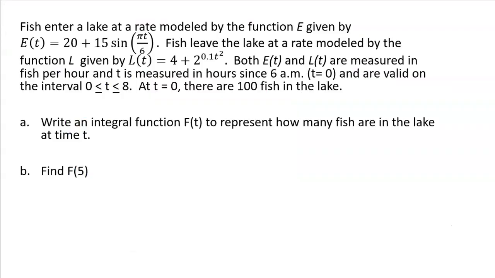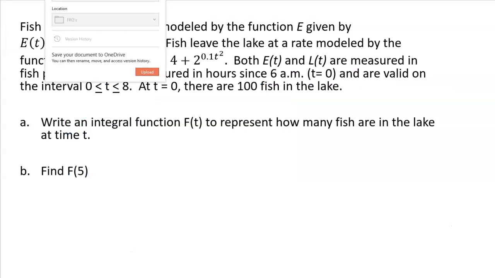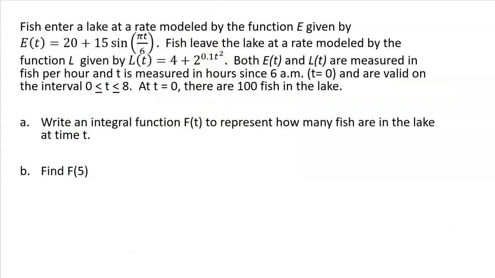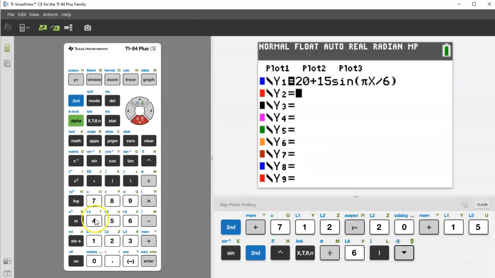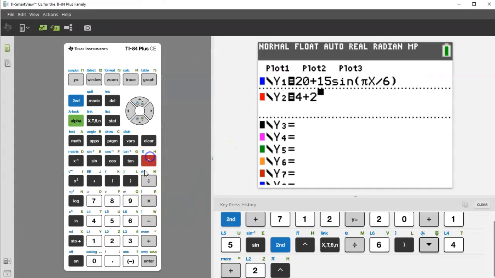Next function is the E function, the L function. That's 4 plus 2 to the 0.1 t squared. I've already forgotten it. 4 plus 2. And there we go. All right.